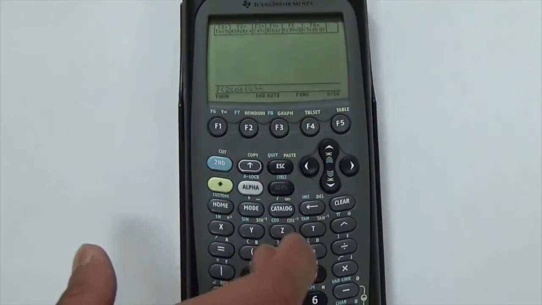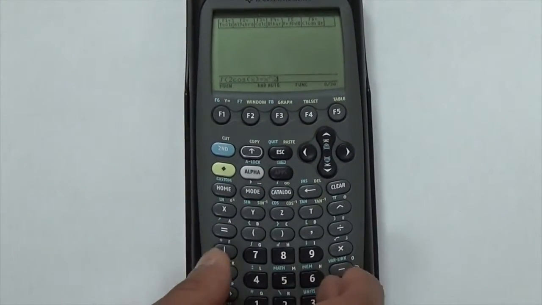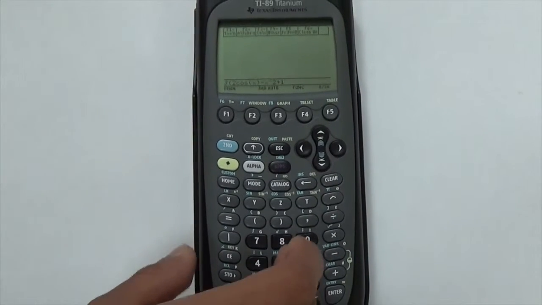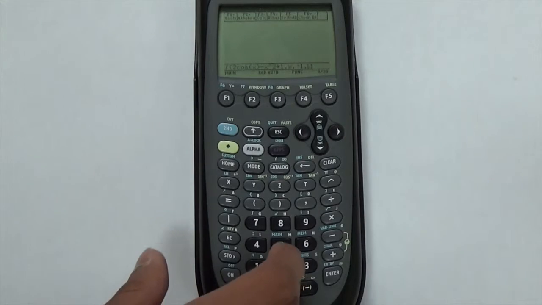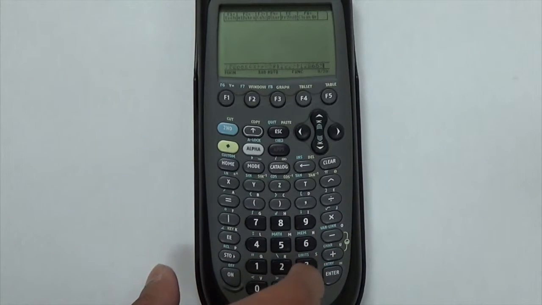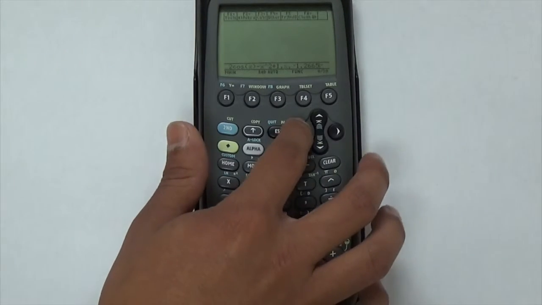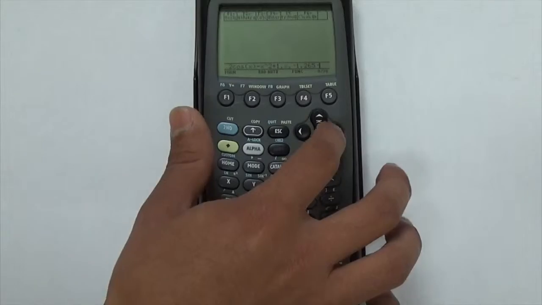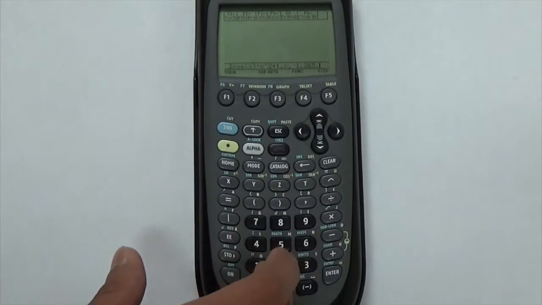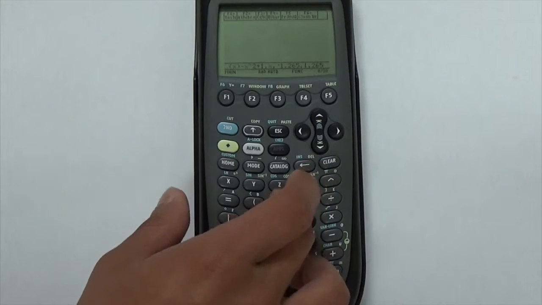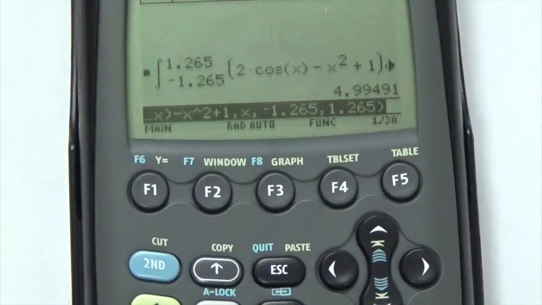So minus x squared plus 1. With respect to x, from negative 1.265 to positive 1.265. Close parentheses, and we should get our answer.